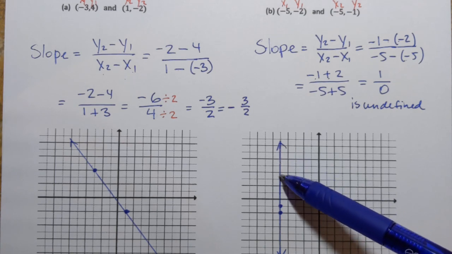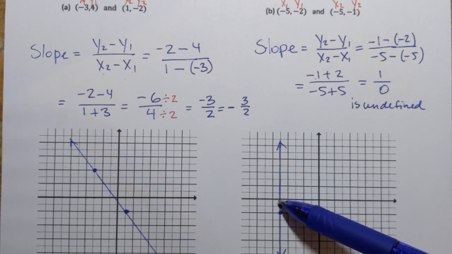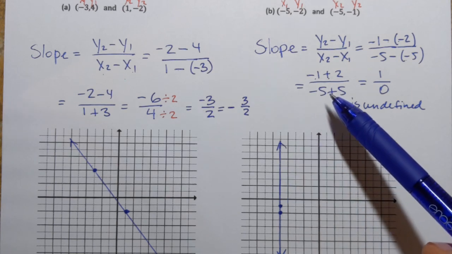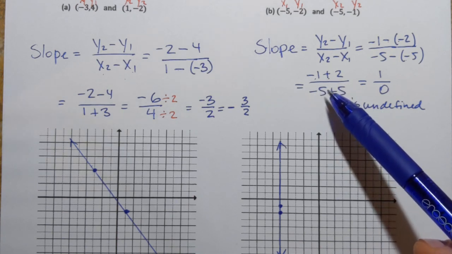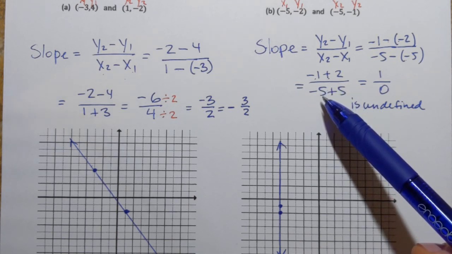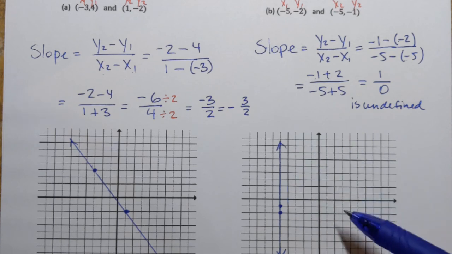The y coordinates will be different for all those points, but the x coordinate is always going to be the same. So no matter which 2 points I take, in the denominator, those two same x coordinates will always cancel each other out because I'm subtracting. So I will always end up with 0 in the denominator. And that's true for any vertical line.